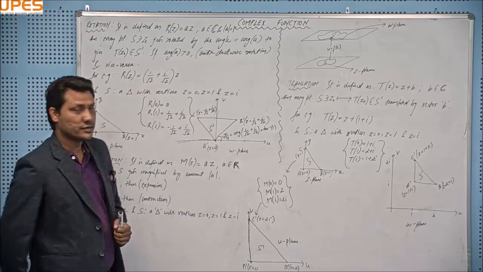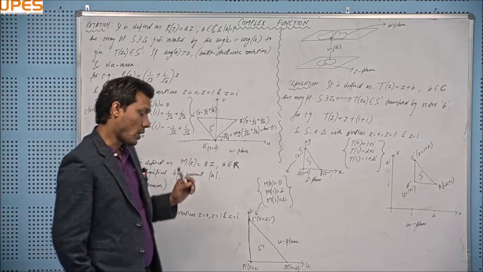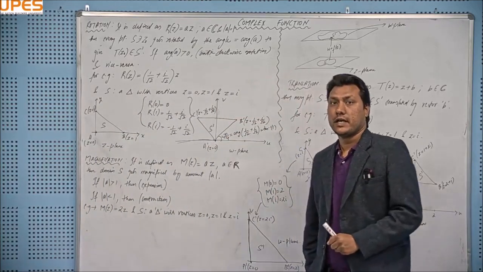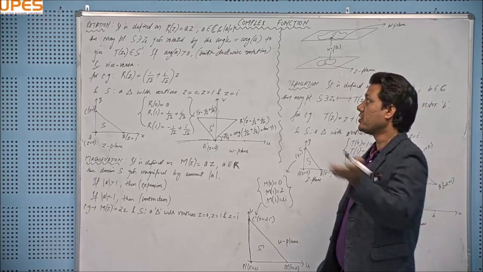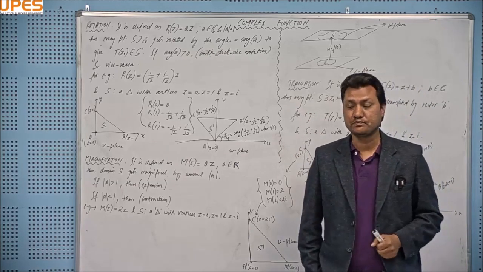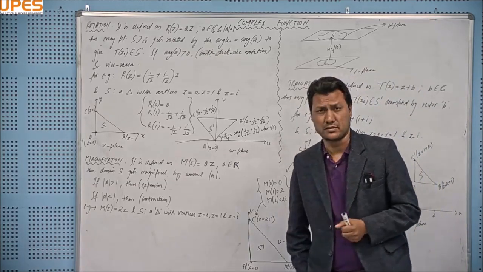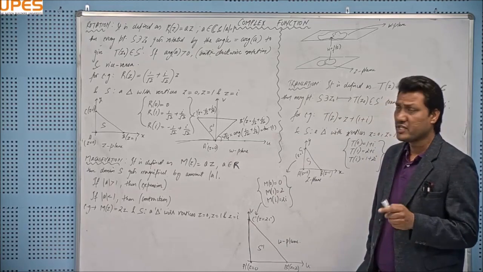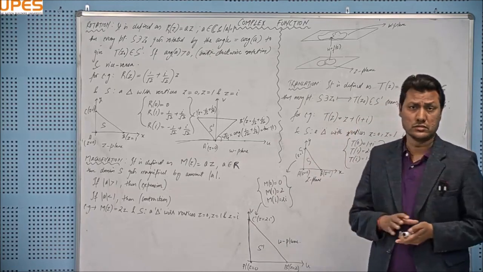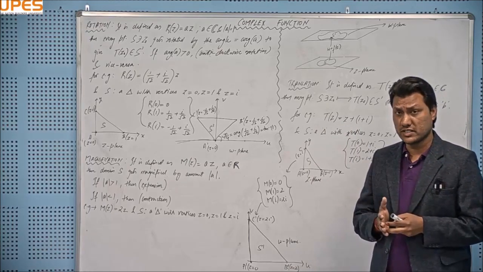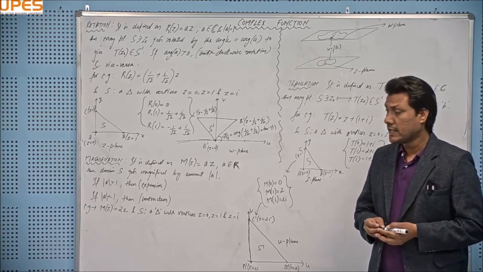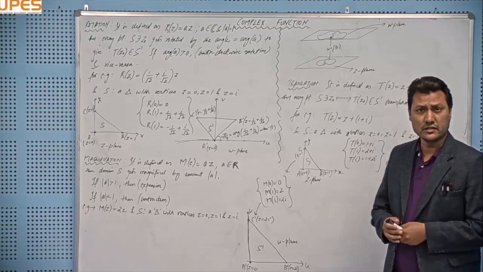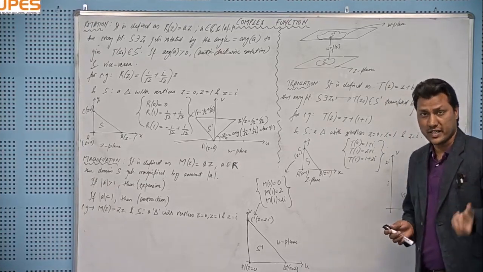And in real life, the example of this complex mapping is a projector, right? In every classroom there is a projector, and that has this display on the board in front of you. This is a kind of complex mapping, right, where the input is given to the projector and then the image is obtained on the whiteboard, right? So your projector is like a machine, is like a complex function, and that is taking input from a text file or image file, that is called your S, domain S, right?